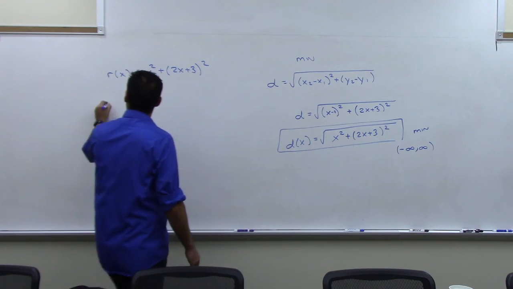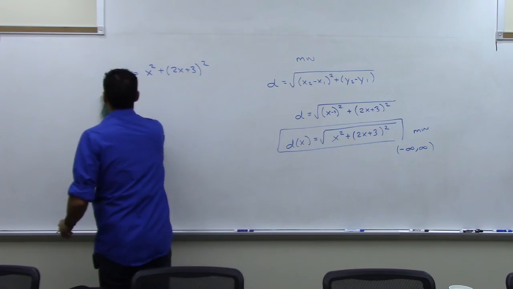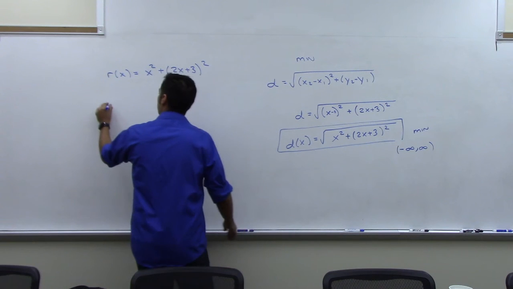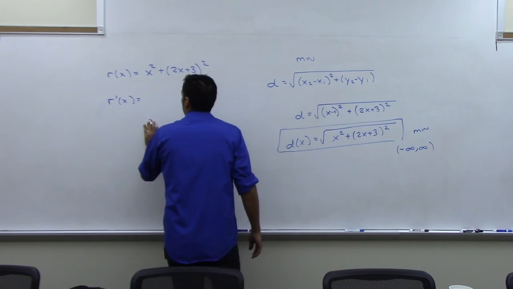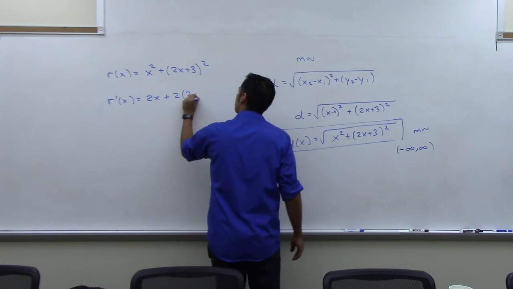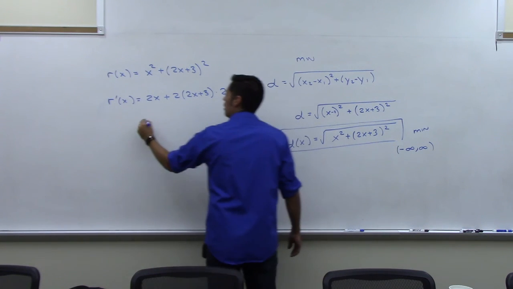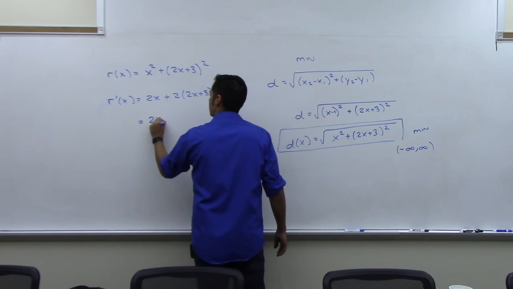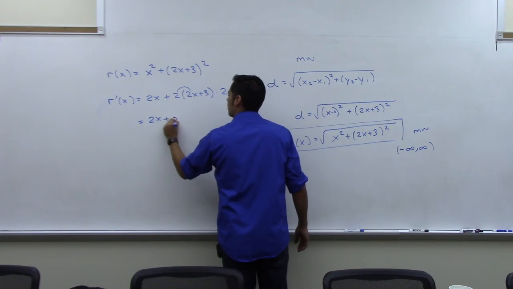I need to take the derivative. Wrong class. You take the derivative. And the derivative of this is 2x. Chain rule here, 2x plus 3 times the derivative of what's inside, which is 2. So this is 2x, that's 4x, but then times 2, so plus 8x.